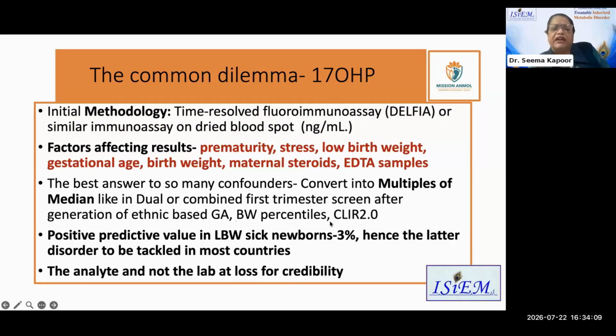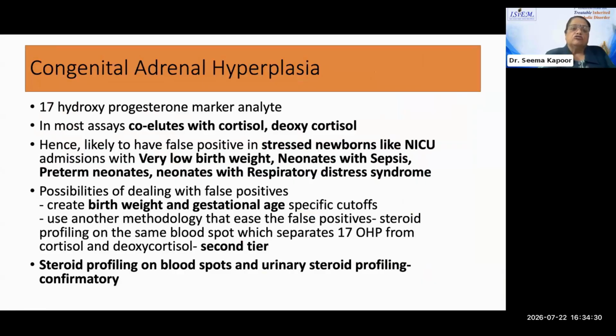And many people find it difficult to get the baby back and resample the baby. So you have to find out other methods of testing. Remember, it is the analyte and not the lab which is responsible for this lack of credibility. So what should you do? So I told you all, coelution with cortisol, deoxycortisol, and all the other things which may cause this.